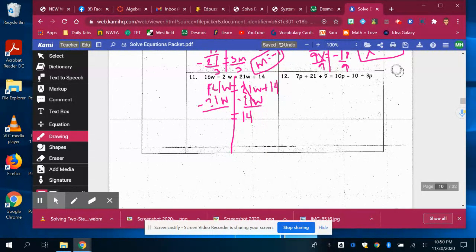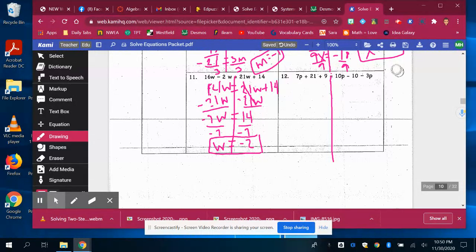And over here, I'm going to subtract: 14w minus 21w gives me a negative 7w. I'm going to divide by negative 7, and I get w equals negative 2. Go ahead and pause the video and you try our final example, number 12.